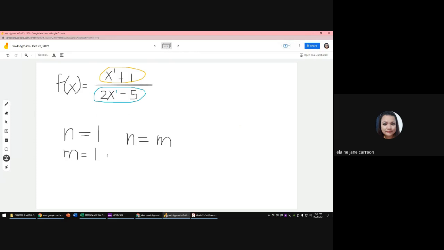So, the horizontal asymptote is y is equal to a over b. Who are a over b? These are the coefficients of x, the numbers with x. A is the coefficient in the numerator. You don't see it because it is 1.